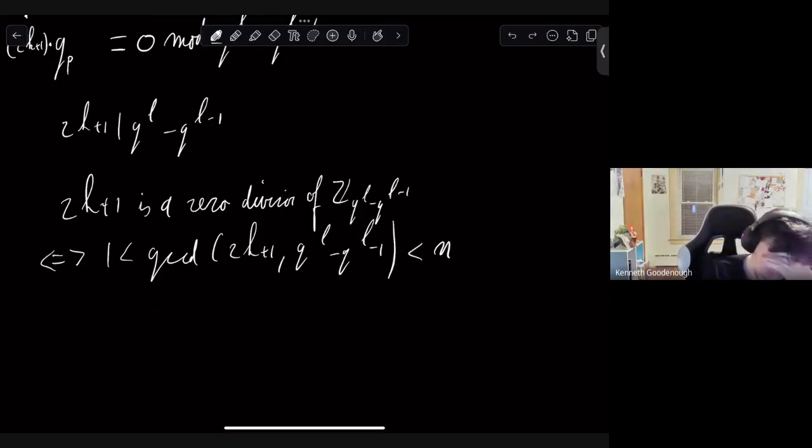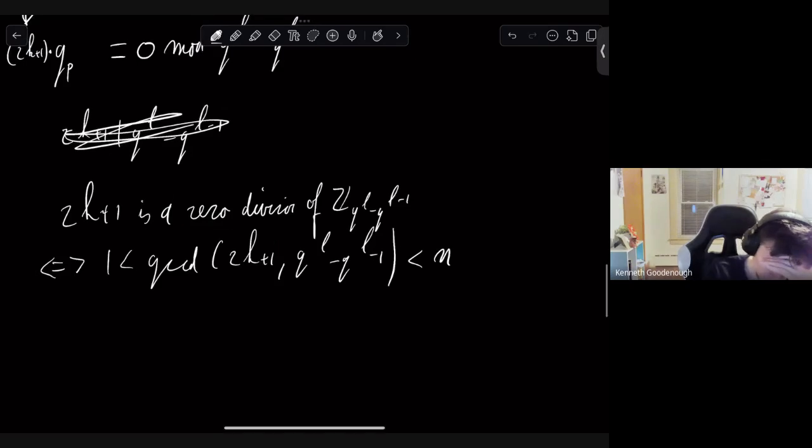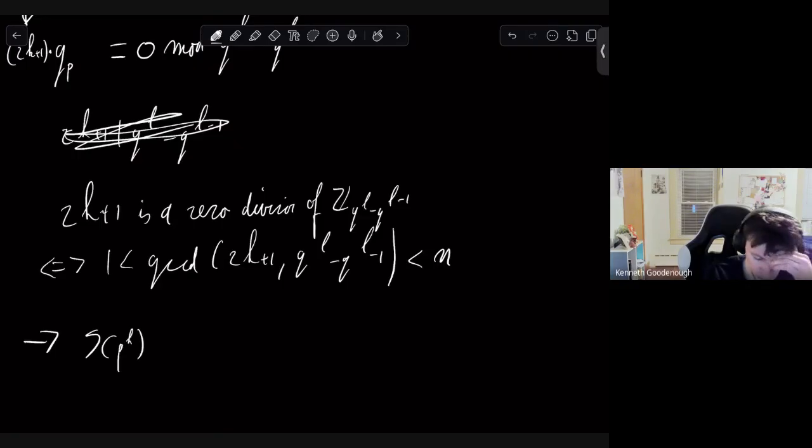Okay. So this is false here. Now we want that. What does this imply? This implies that S of p to the power k, okay, does not divide. Sorry, that's silly.